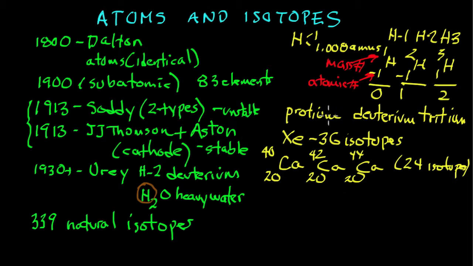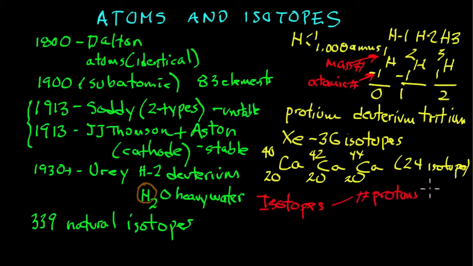So what do we have? From the 1900s on, we didn't have to deal just with elements as being all atoms of the same kind, but now there could be isotopes of each atom. Let's put this down. The isotopes are identified by their number of protons.